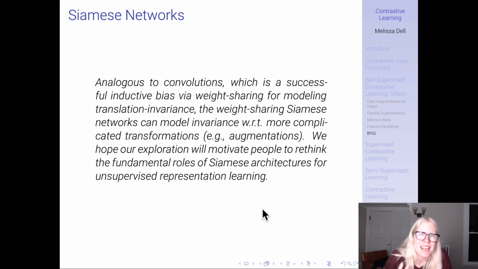And essentially at its core, and we'll see this when we talk about applications, a lot of our applications come down to saying we want representations of things in the same class to be similar, regardless of the noise that they might have, regardless of the intraclass variation. And that's what a Siamese network does.